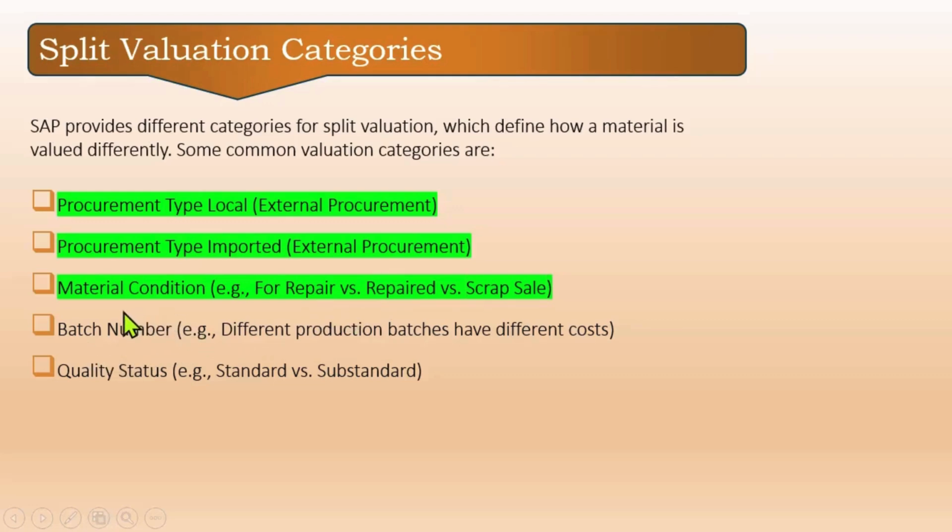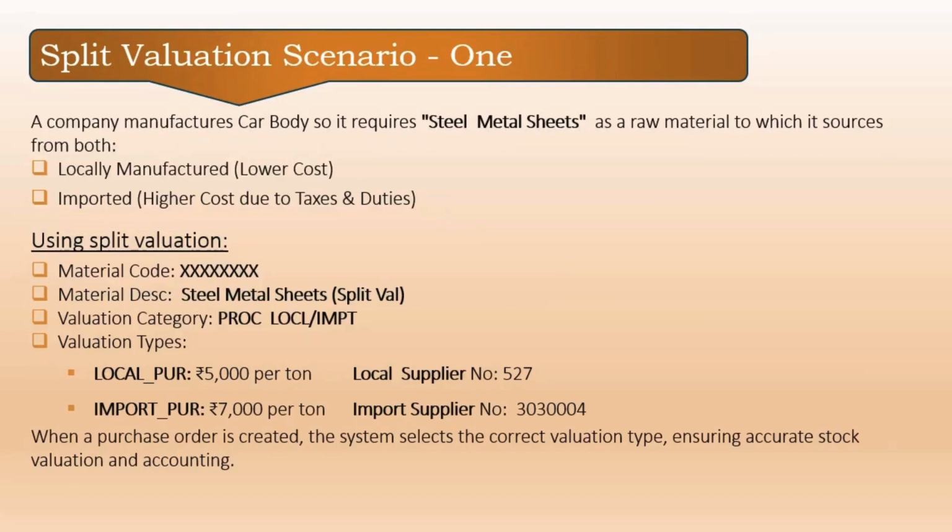And if the company has batch numbers and different batches of production, the prices will be different for different batches too. Quality status: I told you, grade A, grade B. In that case you'll have standard and substandard categories of the item. Based upon the quality status also, you can have different prices, standard and substandard, for the same material. Let's move on to the next slide.